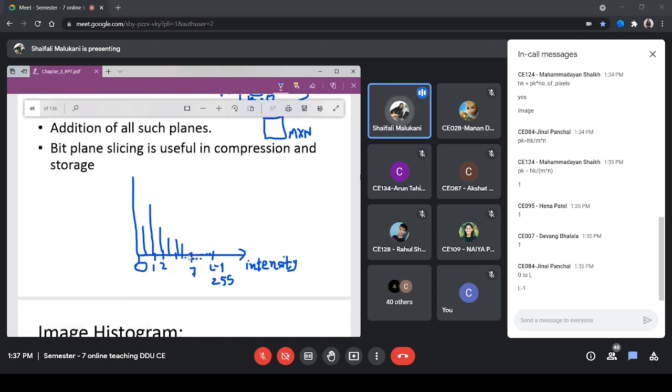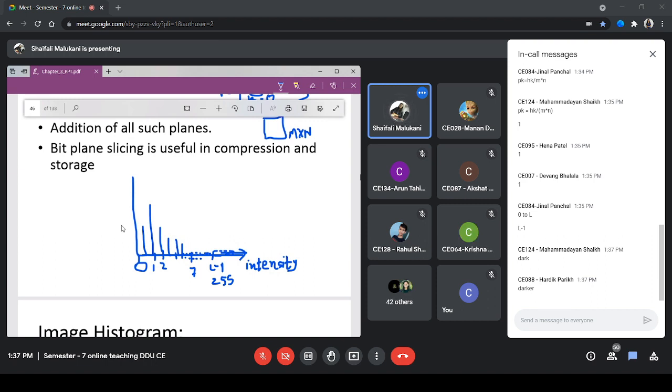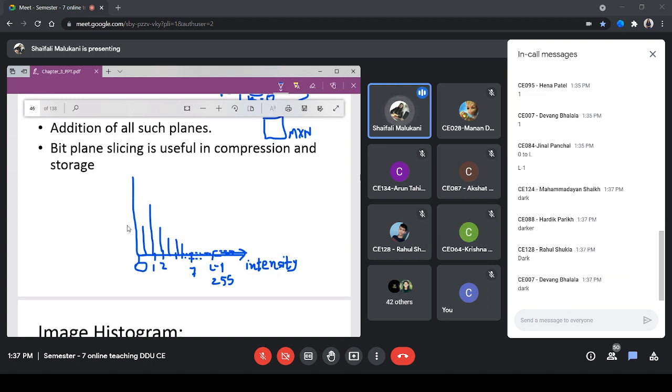There are no values here, and I have so many values on this side, while over this side there are almost 0 values. How will the image look? It is a darker image, right?